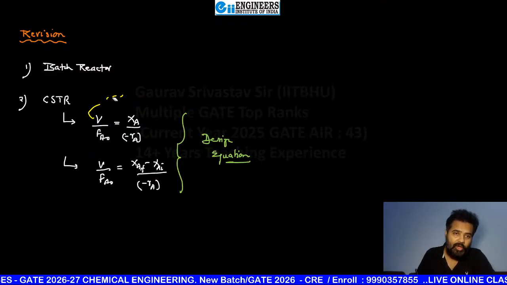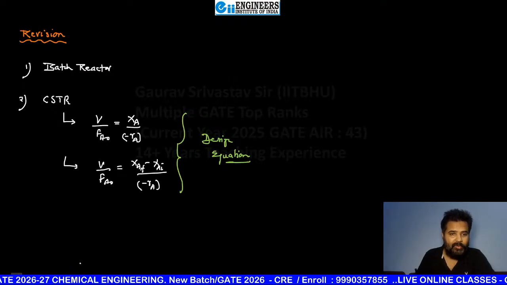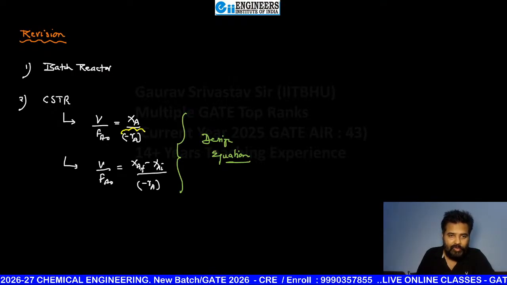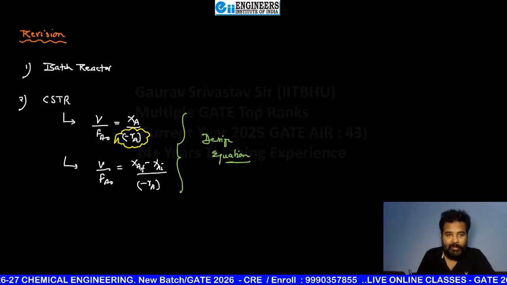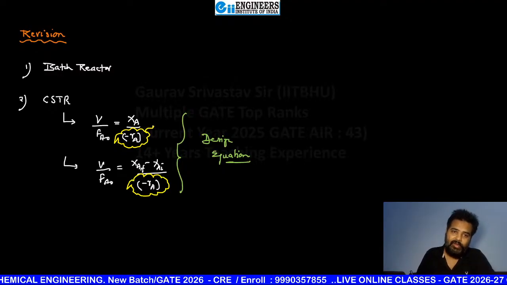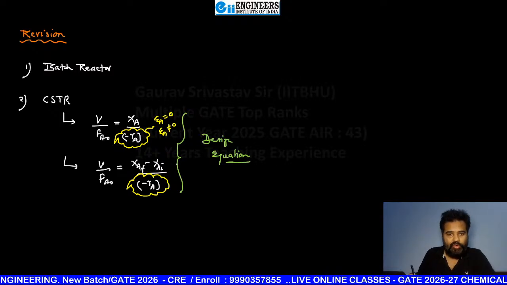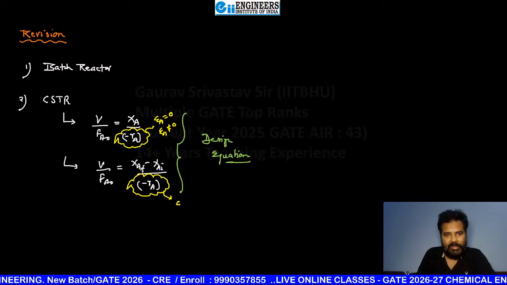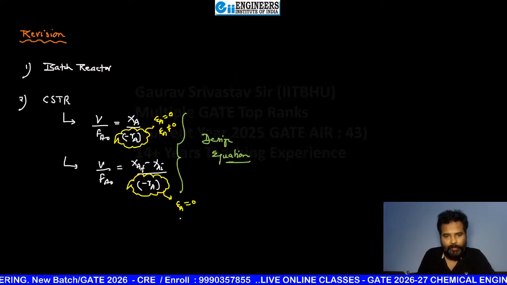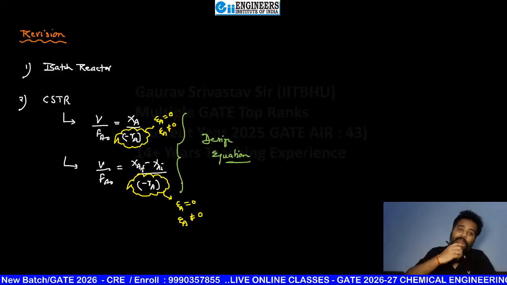In this whole equation, the only term that can be a function of time is this one. And I will tell you in a detailed manner soon how to deal with it in a separate lecture. So here it can be for epsilon A equal to 0, and you can also write it for epsilon A not equal to 0. Don't worry, I will discuss it in detail soon.